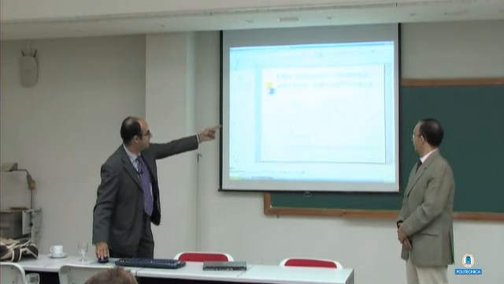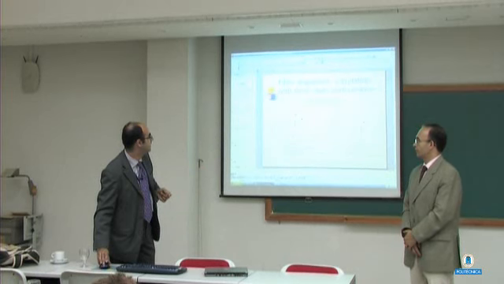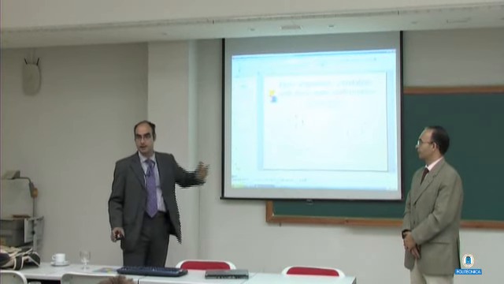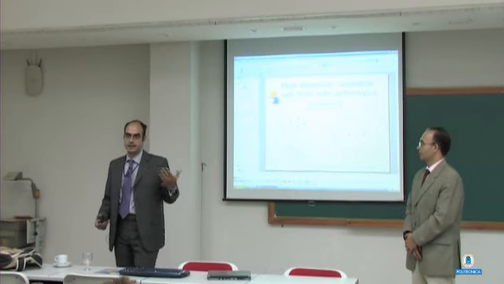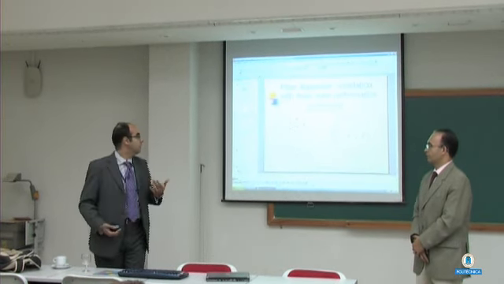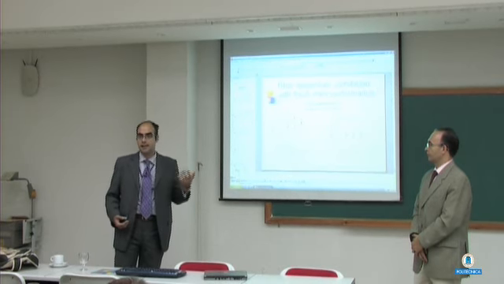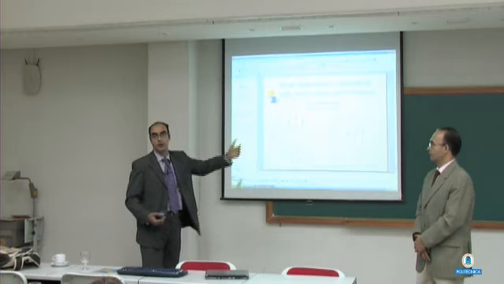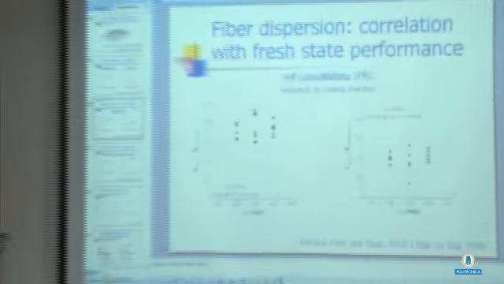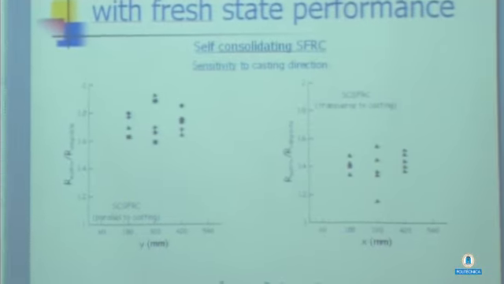I did the test in two directions according to the casting, and these were the differences with fibers. So I was able to get some differences for the fiber orientation. That was the only information that I had about the casting direction and orientation of the fibers, and it seems to capture it reasonably. After that, we tried to match these results with the manual counting of the fibers with the orientation.